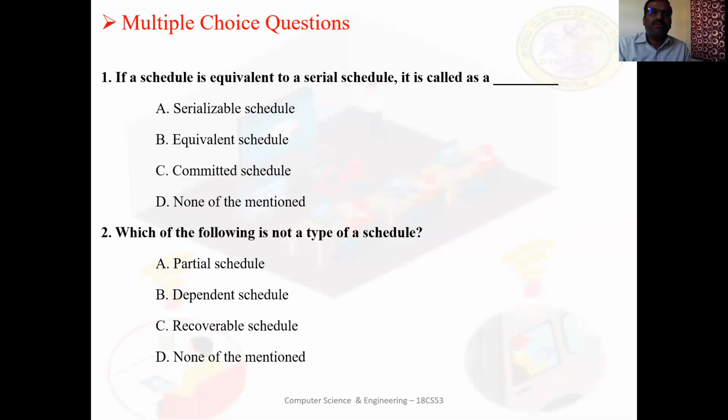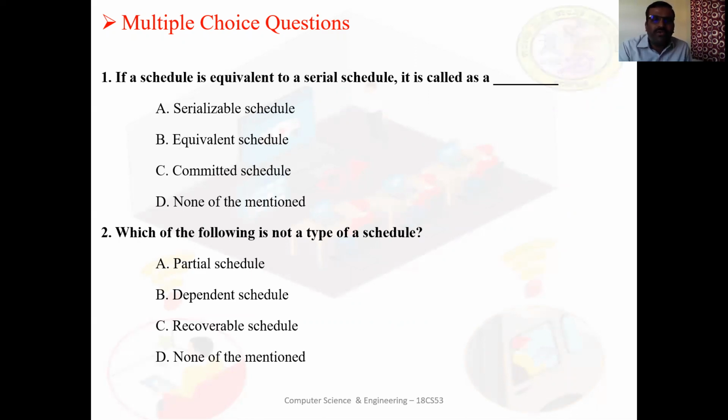Then test multiple choice questions. The first question is, if a schedule is equivalent to a serial schedule, it is called as: A, serializable schedule, B, equivalent schedule, C, committed schedule, D, none of the mentioned. Here the answer is serializable schedule.